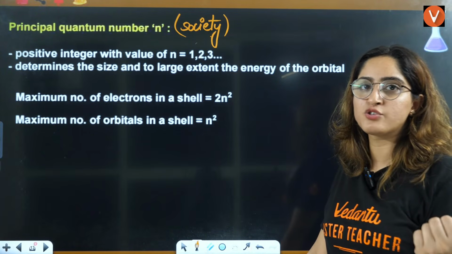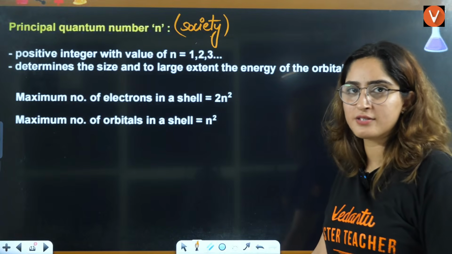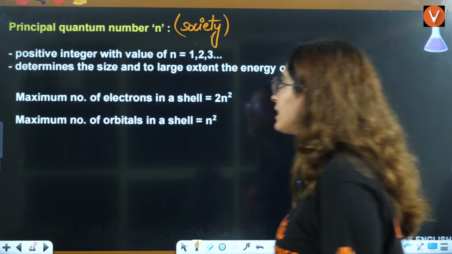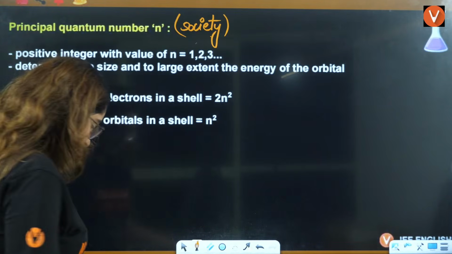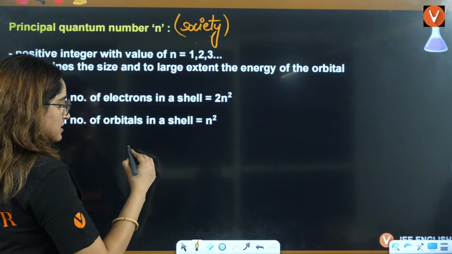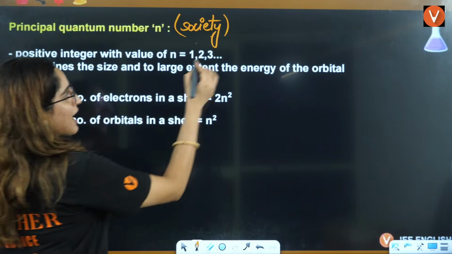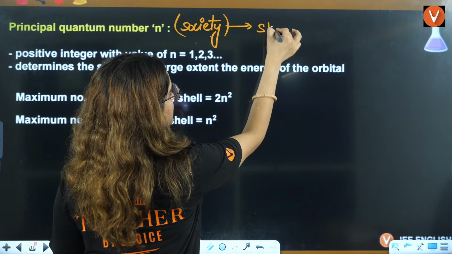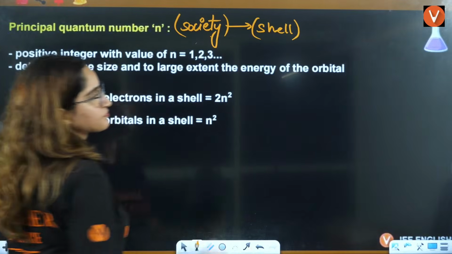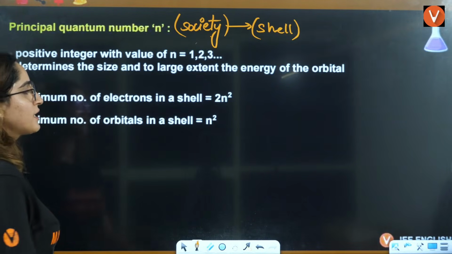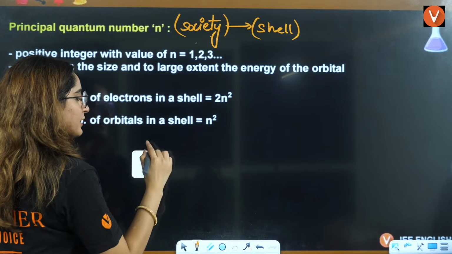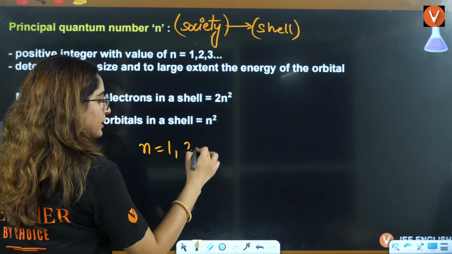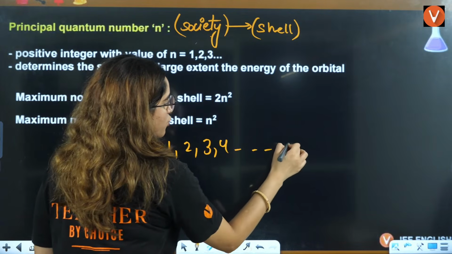What's your street number? Street number 1, 2, 3, 4, 5, 6, like that is your society. Society is actually the shell. It is telling you the shell number, which is represented by this n. n cannot be equal to 0. It can be equal to 1, then 2, then 3, then 4, and so on up to infinity.